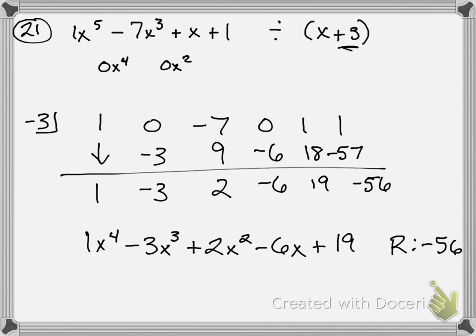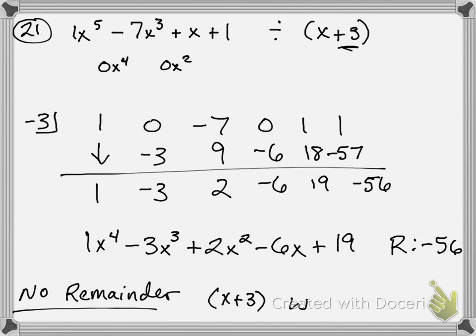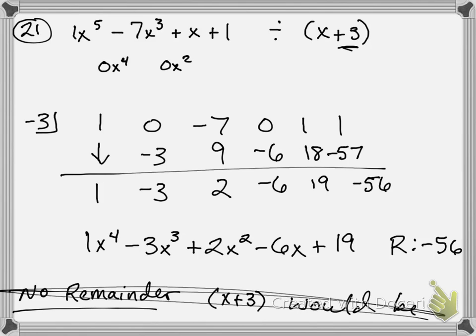All right, remember, if there is no remainder, the factor theorem tells us that x plus 3 would be a factor. Okay, but this one has a remainder, so the factor theorem doesn't help us there. Okay? All right, let's look at 22.